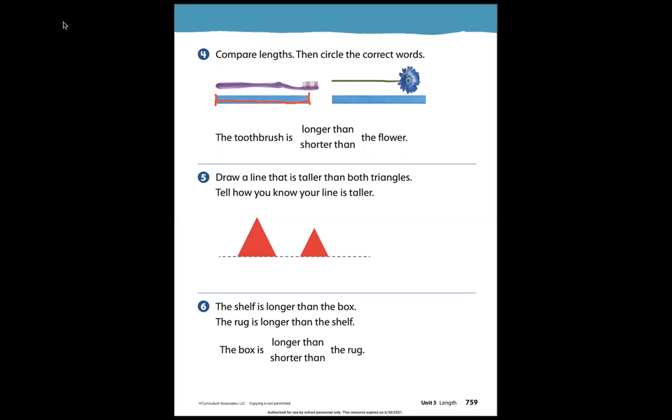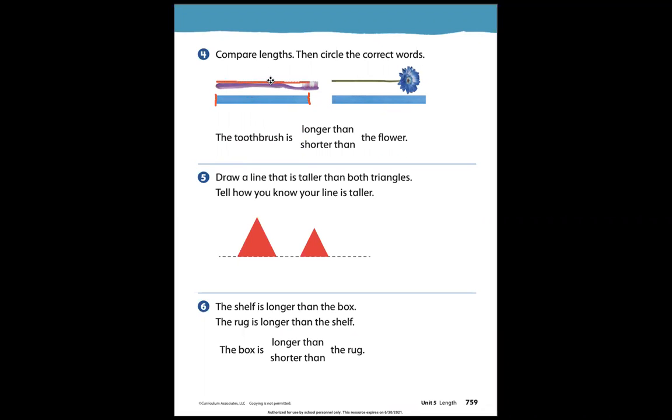So I am going to select my stick and see if I can move my stick over. Yes, my stick is the same length for each object, right?